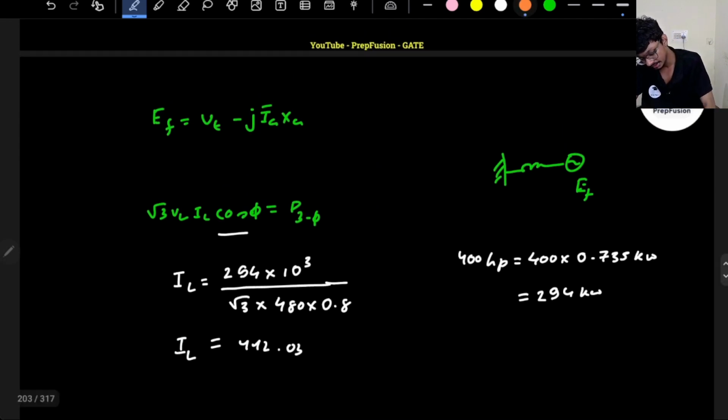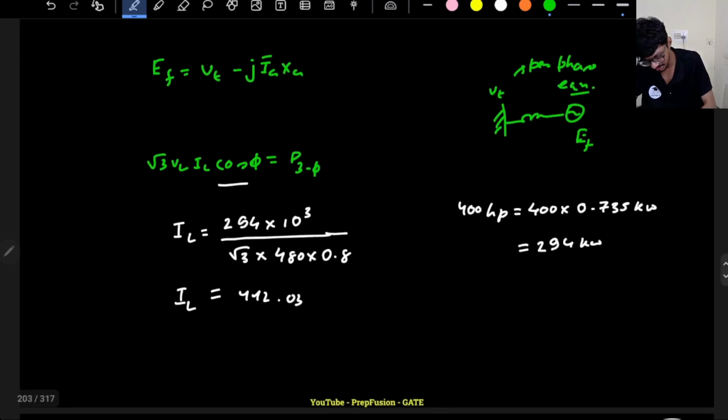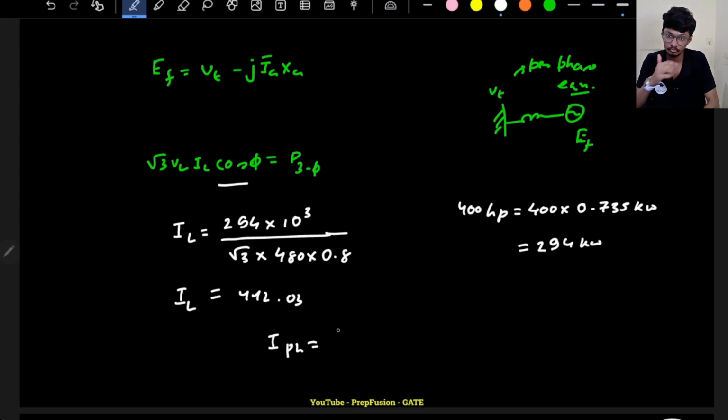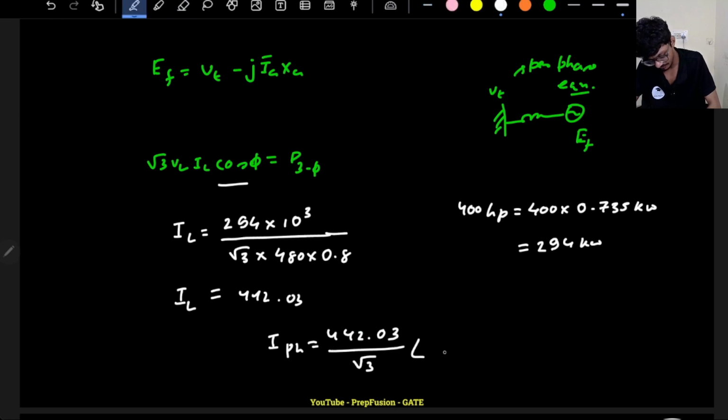Remember, this circuit is the per phase equivalent. So what is the phase current? Phase current for delta will be this divided by root 3. Don't make that same mistake. So 442.03 divided by root 3 will be the phase current.